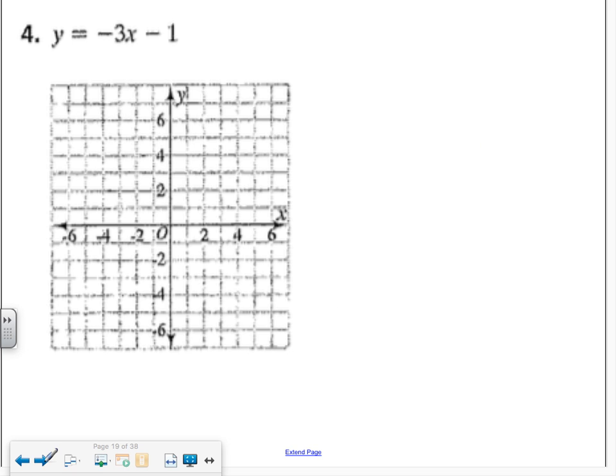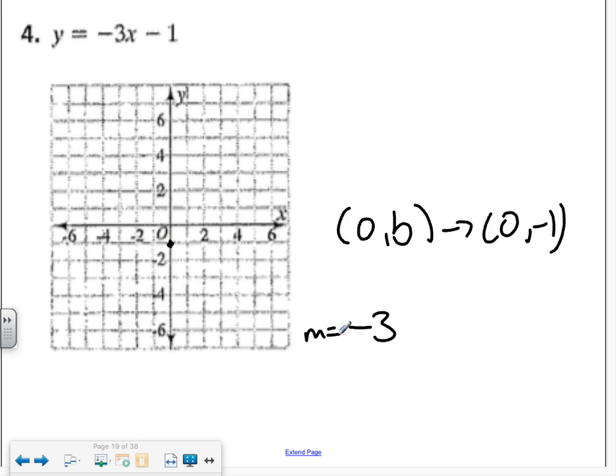4, okay, we want to graph this. So again, a couple different ways. We can pull the y-intercept right out of this equation. So B is -1. So our y-intercept is 0, -1. Okay, so that's going right here. So our rate of change is -3. So we can say as x increases by 1, y decreases by 3, or we can pick any other point.